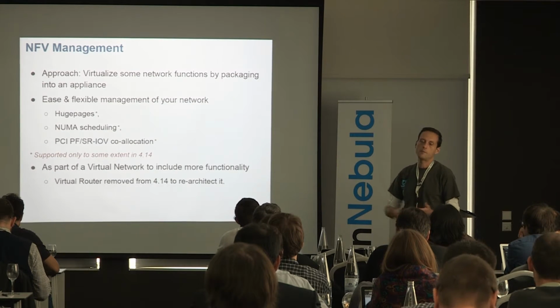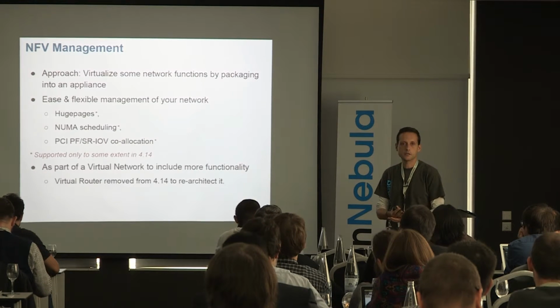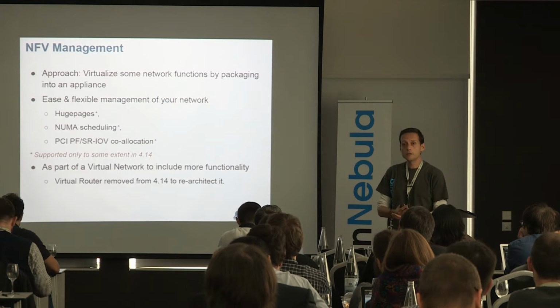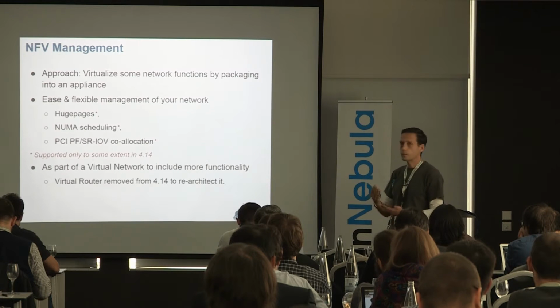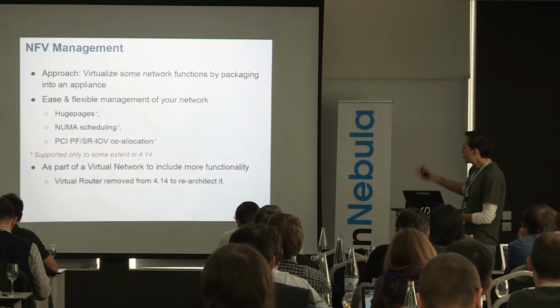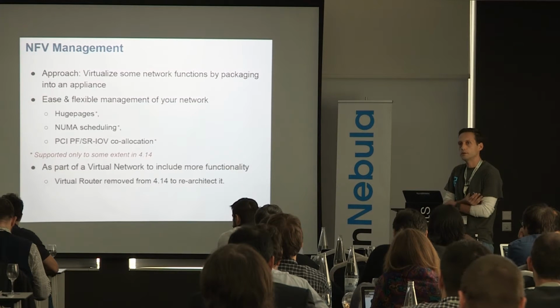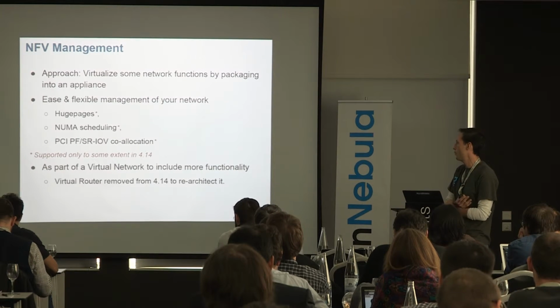But also, apart from the GPU, you can attach high-performance networking cards. That's also needed if you want to virtualize part of your core network and use OpenNebula for that. So those are some of the features that we are looking into incorporating in the next releases of OpenNebula.